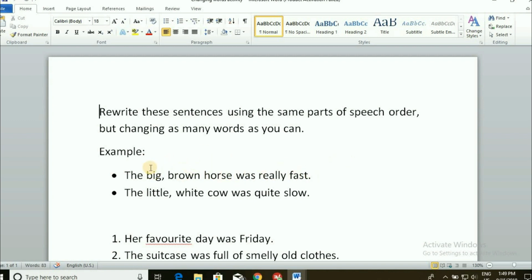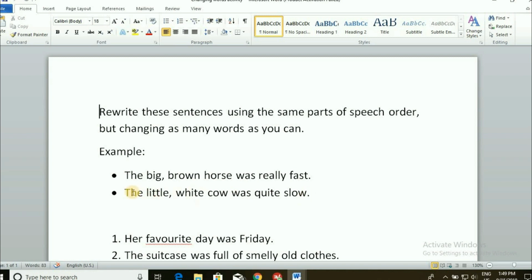So we have an article, adjective, adjective, noun, verb, adverb, adjective. So we want to change those as much as possible in this exercise to the same part of speech, but with a different word.